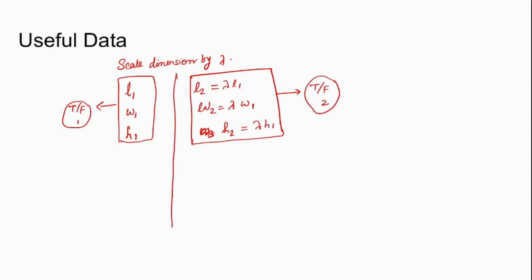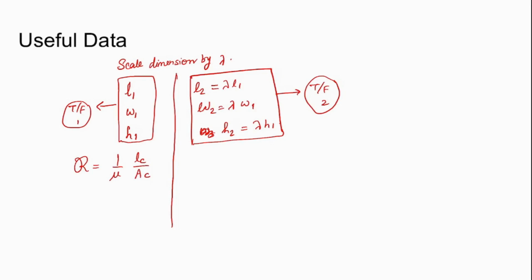Now you see, reluctance of transformer is equal to 1 by mu LC by AC, where LC is length of core and AC is area of core.